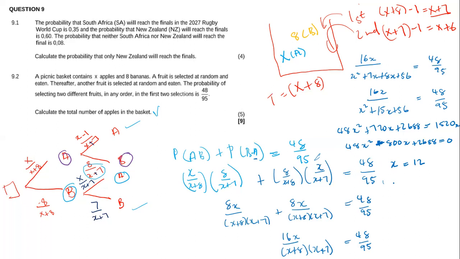So we have 12 apples in the bag. When you complete this algebraically using the quadratic formula with a, b, and c, the answer you are supposed to get is 12. This is how we solve this question, which is question number 9.